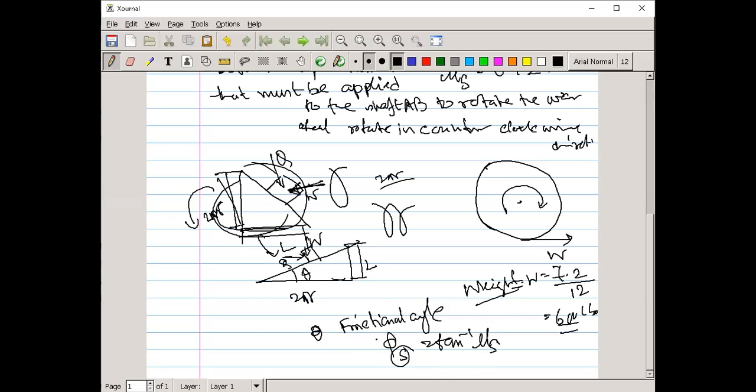So the static frictional angle is phi s equal to tan inverse of mu s. So mu s is given 0.12. So tan inverse of 0.12 is phi s, this angle. So what is this angle? Phi s is equal to tan inverse of 0.12. How much will it come?